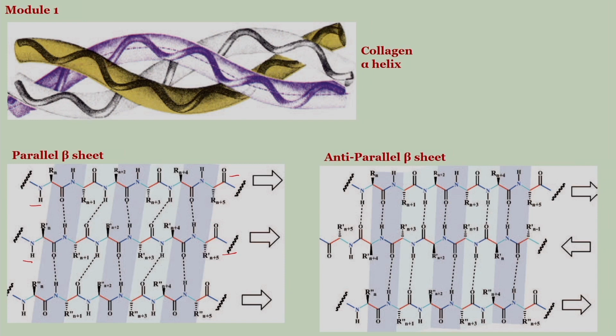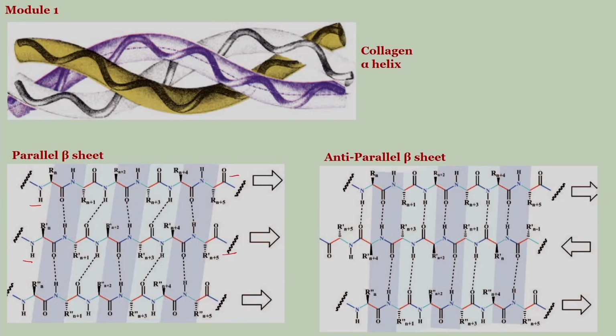There can be hydrogen bonds between the two strands of the same protein, in the same orientation, N terminal to C terminal, and that can form hydrogen bonds like this. Similarly, another hydrogen bond can be formed in this way, and it will make a flat structure. This is known as beta sheet structure, and they are all parallel.